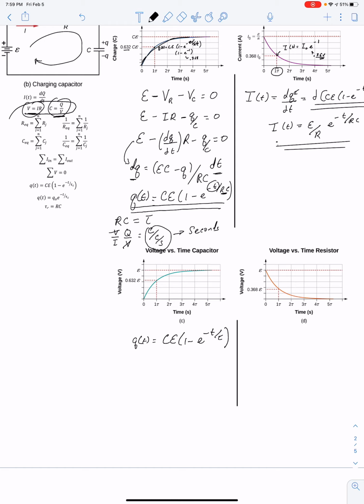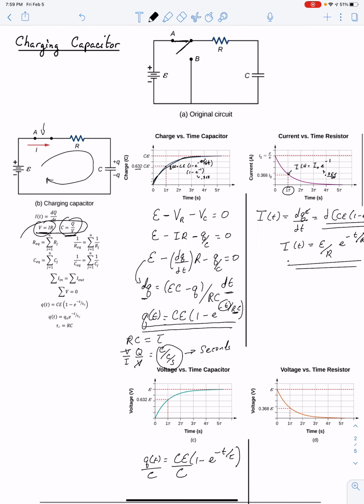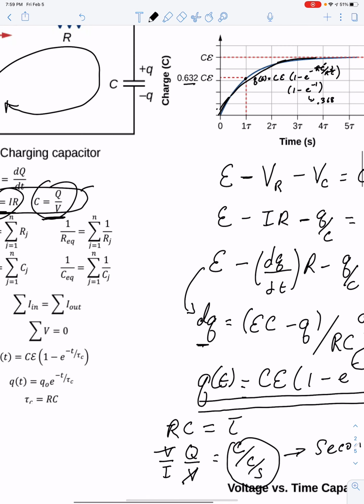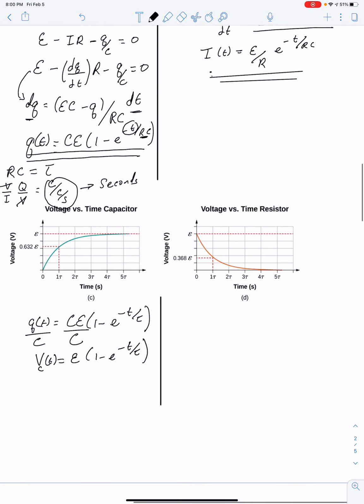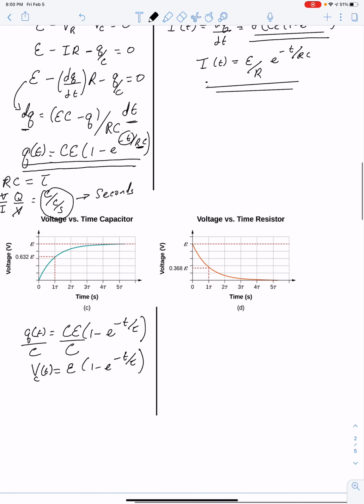If we just divide by C, the capacitance, then this looks awfully familiar, right? Just rearranging this, you will get voltage across the capacitor over time. Voila. Awesome, right? I know, it's super boring. Just keep up with me. Keep this in your toolbag, just in case. Like, how exactly do we get to this point?